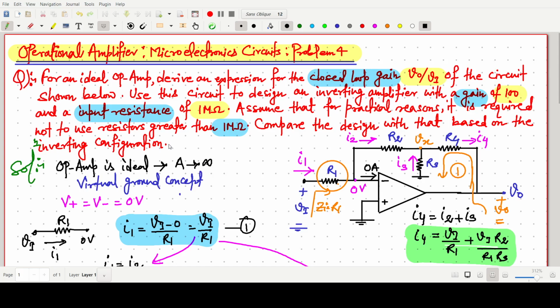R2 is needed as 100 mega ohm in the traditional one, which is not possible for an IC design. R1, R2, R4 we have assumed 1 mega ohm and R3 10.2 kilo ohm. So this is all about this question, and it is a very good question from the microelectronics circuits book. Thank you for watching this video.